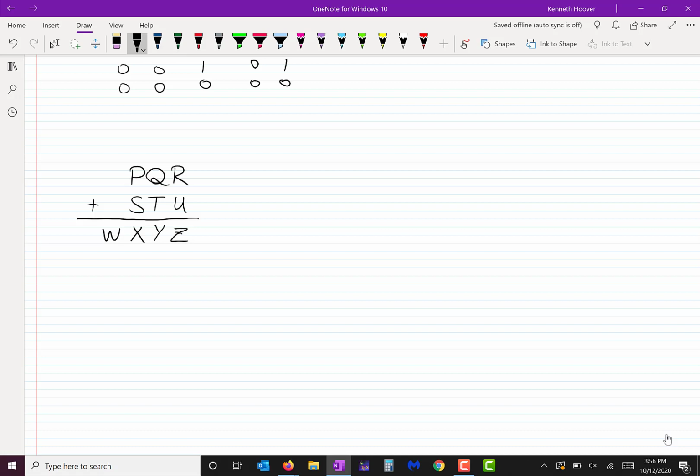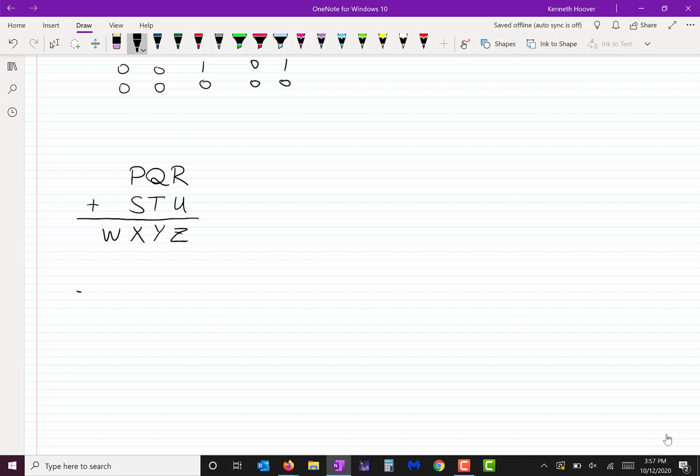Okay, and here's how you do it. Take the 2 1s digits, these guys here. You run them through a half adder circuit.